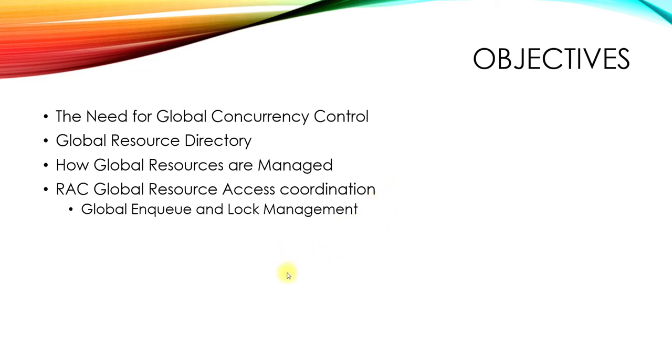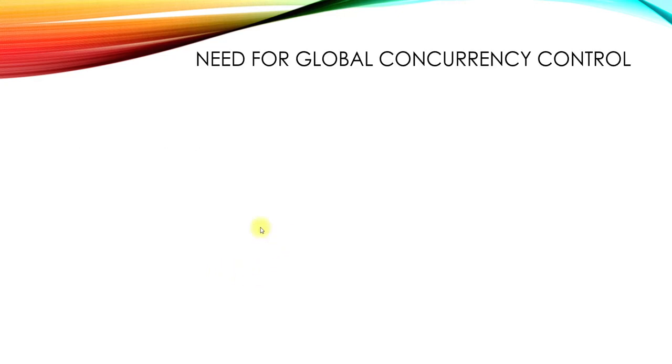So let's move forward. Global buffer cache management is very important. Buffer cache management in a single instance is completely different from global cache management. So why do we need the global concurrency control?